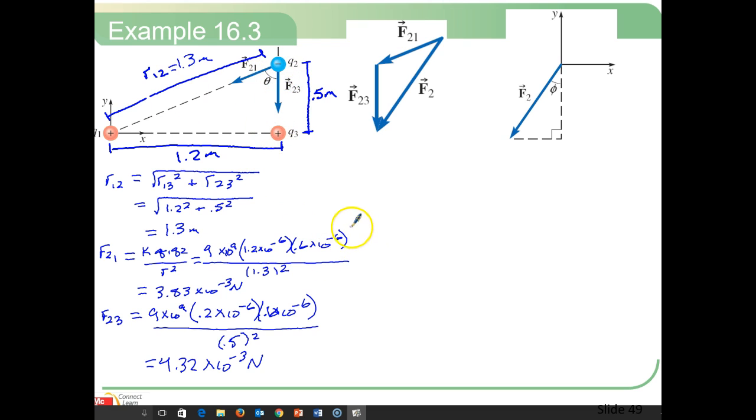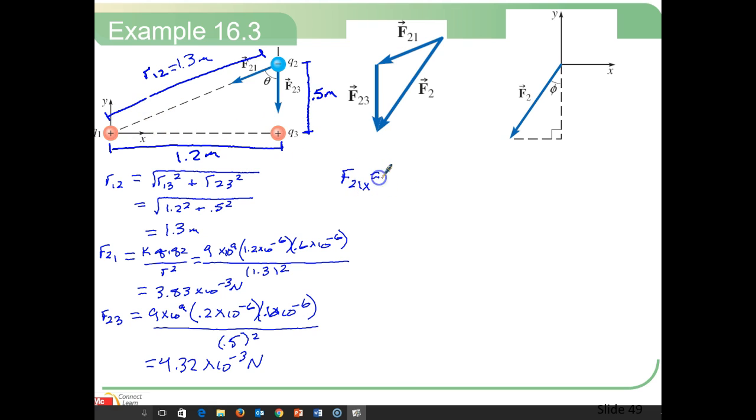So let's find the force between 2 and 1 in the x direction. We're going to think about this triangle, but we want it in the x direction, so we only want it going left to right.